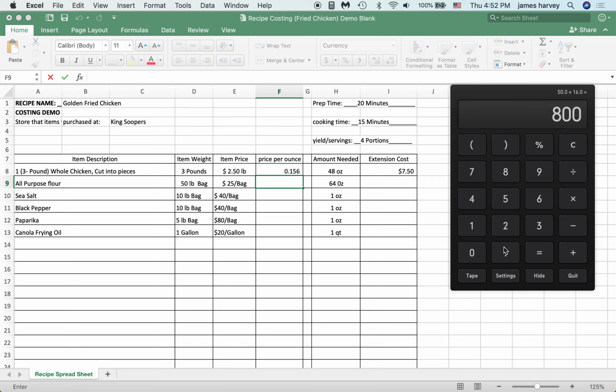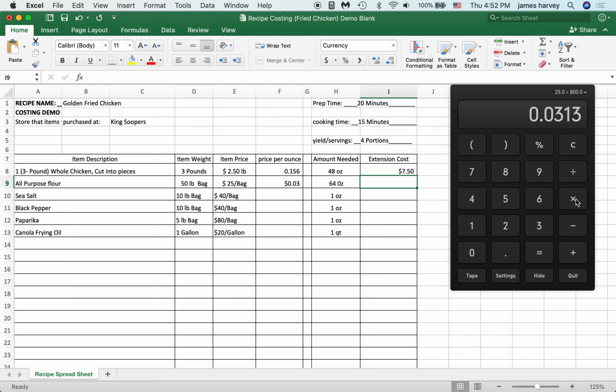Next, take the $25 bag of flour and divide it by 800 ounces. And we come up with a price of $0.0313.